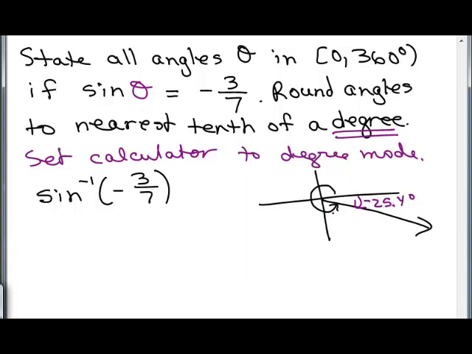I'll have this black one. Our first value we can get is by taking that negative 25.4 degrees and adding 360 so that we get a positive coterminal angle. And that gives 334.6 degrees.